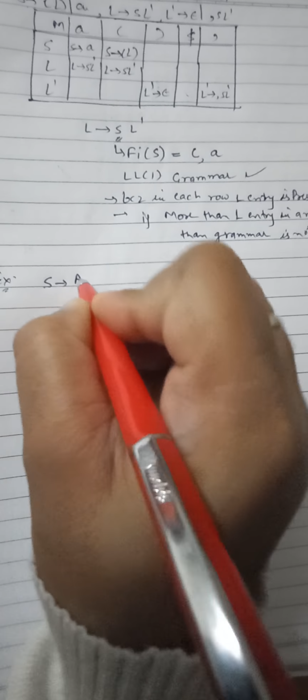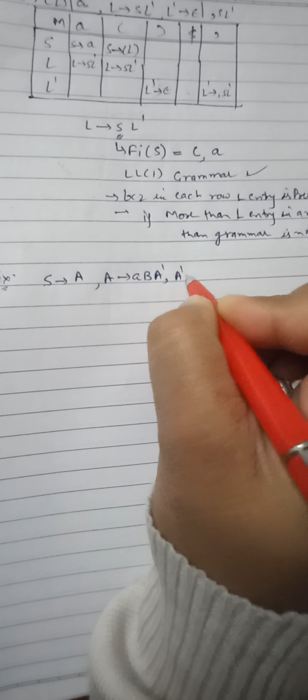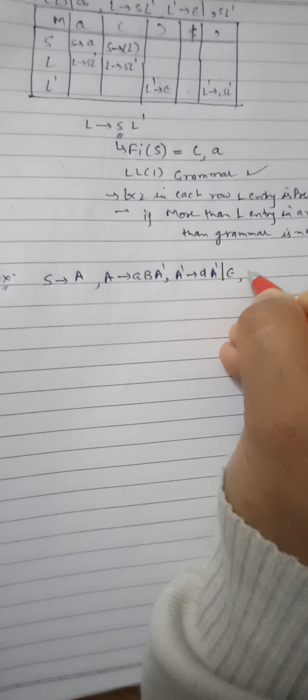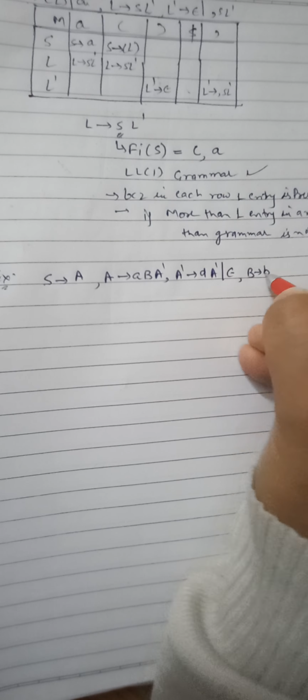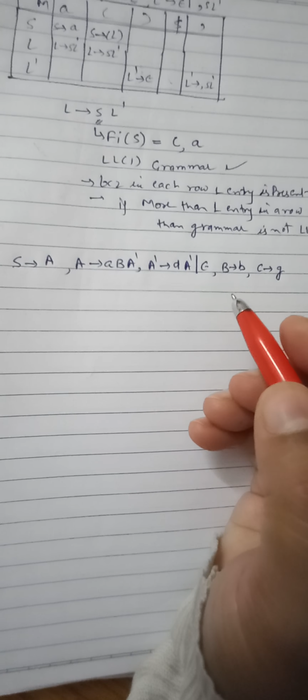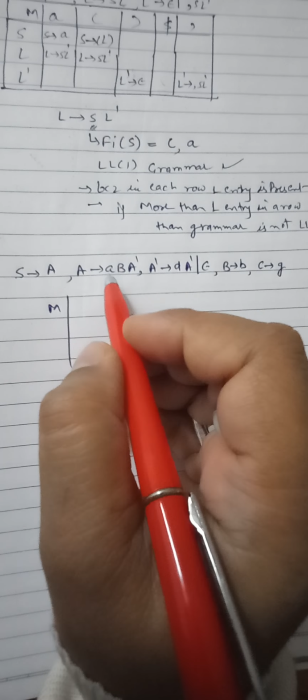Suppose we have this grammar: S tends to A, A tends to AB, A dash tends to D A dash or epsilon, B tends to B, and C tends to G. We are going to check whether this grammar is LL1 or not. First we make the table. What terminals do we have?